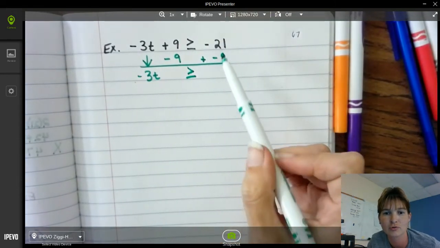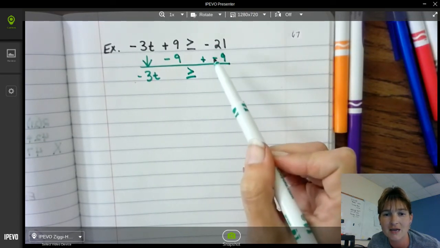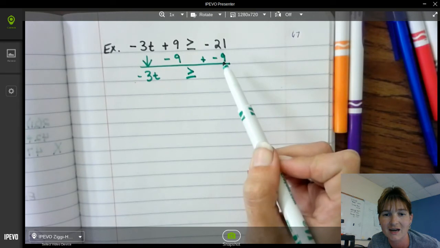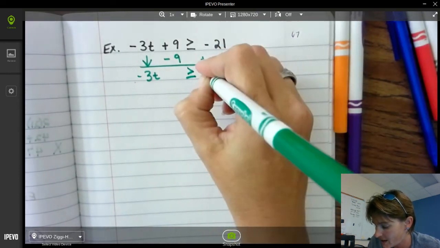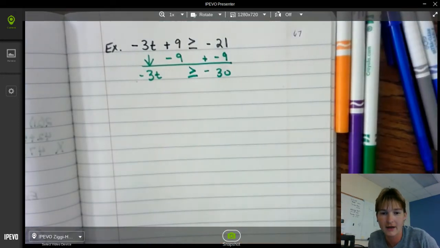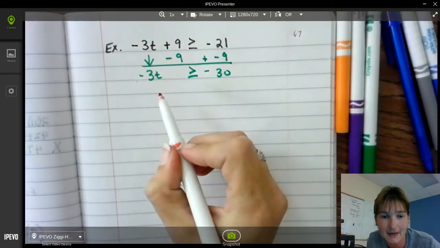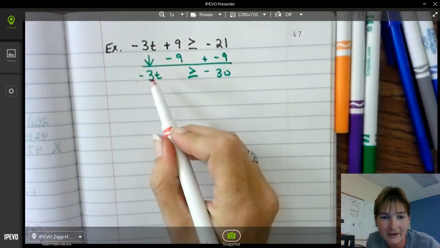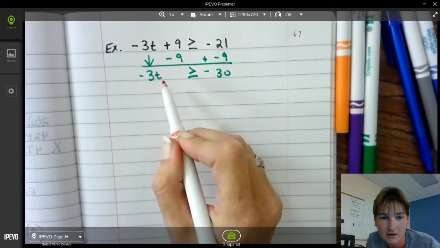This is our integer rules for adding negatives: same sign we add and keep. So 21 plus 9 is 30, and we keep the sign negative. Okay, so now the next step is our negative 3t. This is negative 3 times t.